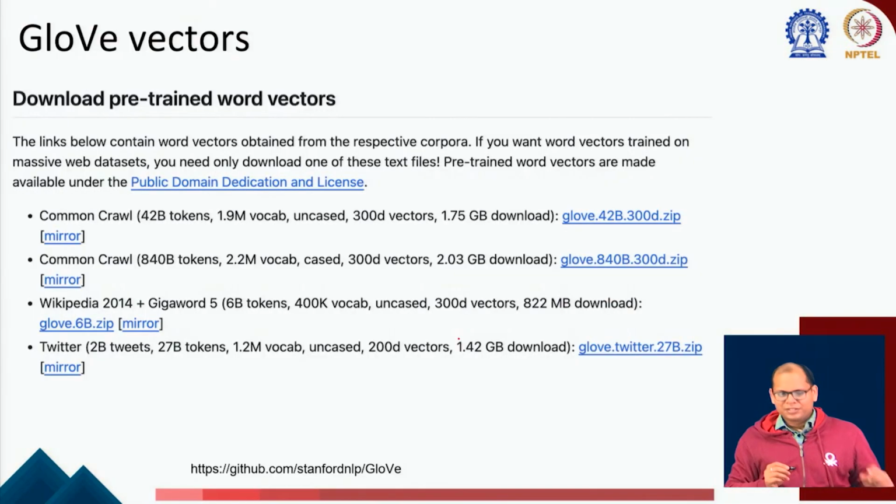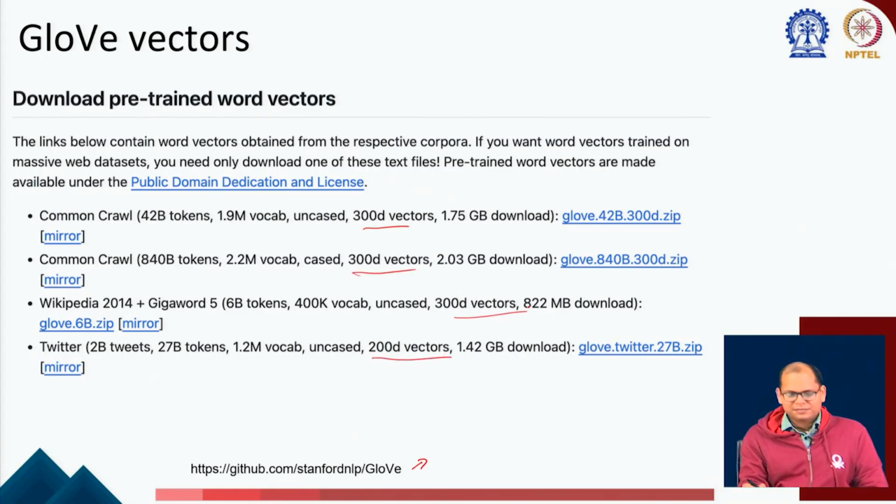So let's begin by mentioning the GloVe vectors that are available publicly. We talked about GloVe vectors in detail in the last lecture. You can go to this particular link from Stanford NLP for GloVe, and they have GloVe vectors for 300 dimensions, and also Twitter word vectors for 200 dimensions made available.